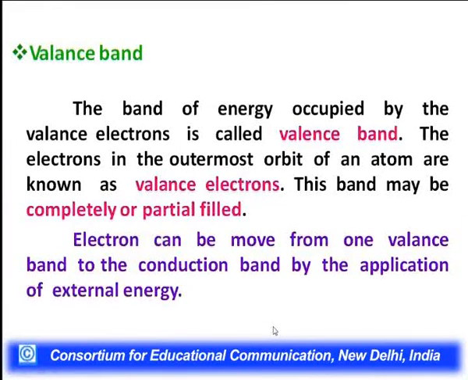The electrons in the outermost orbit of an atom are known as the valence electrons, and this band may be completely or partially filled. Electrons can move from the valence band to the conduction band by application of external energy. It means if we are not applying external energy or an external electric field, all the electrons will be in the valence band.